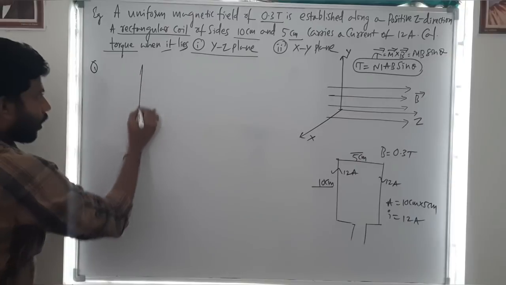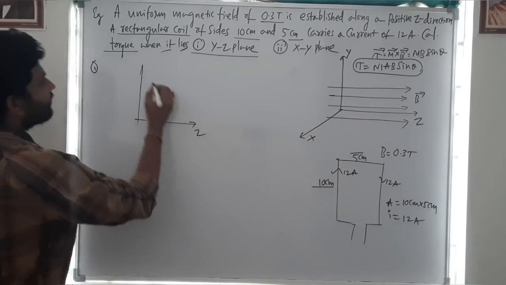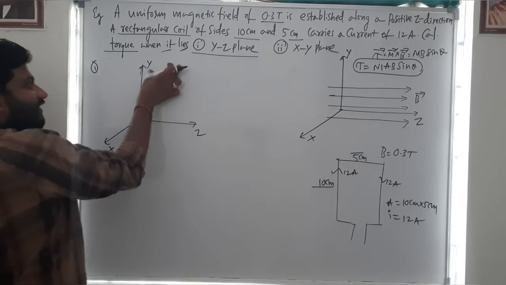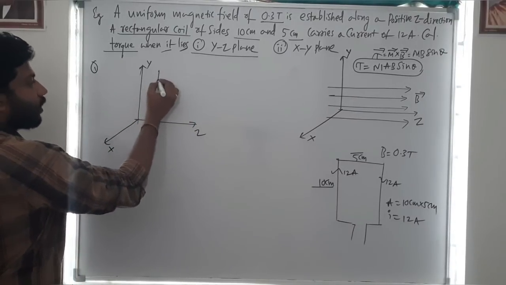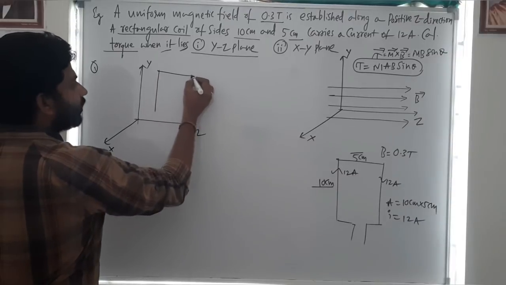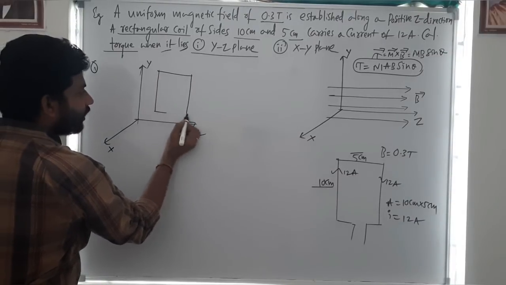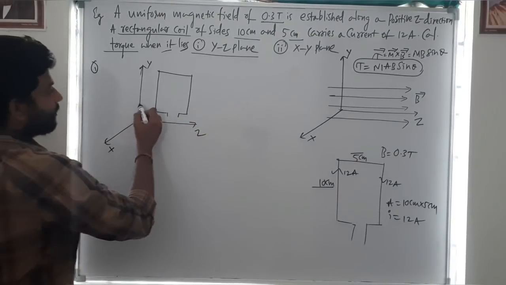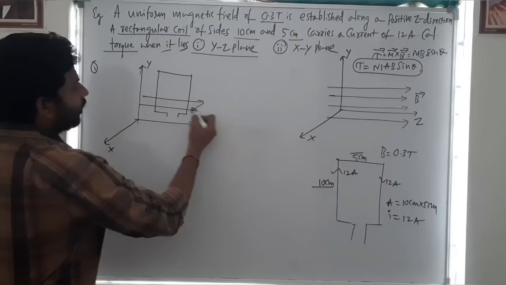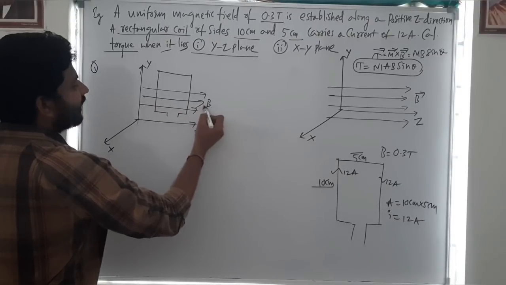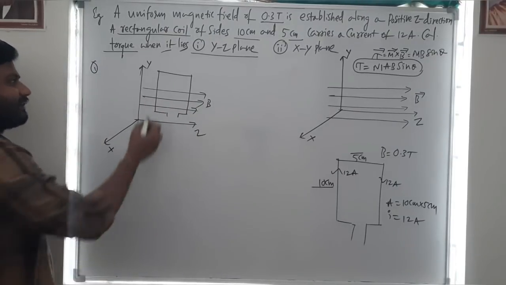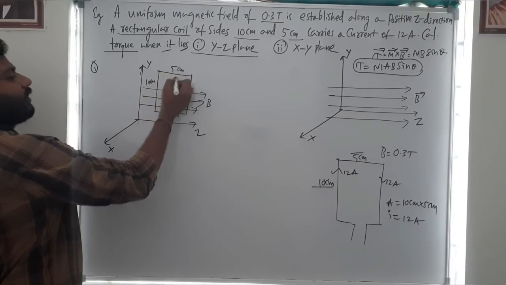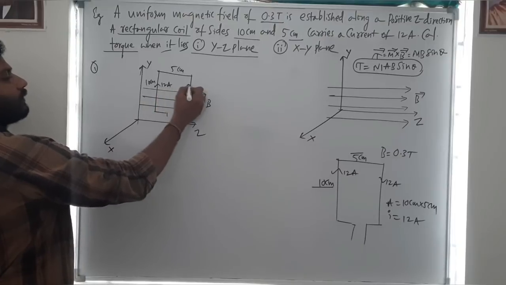We already have the Z-axis, Y-axis and X-axis. In the YZ plane, the rectangular coil is located. Look here, this rectangular coil is located in the YZ plane. The magnetic field is already along the Z-axis. The area is 10 centimeter and 5 centimeter, and the current passing through it is 12 ampere.